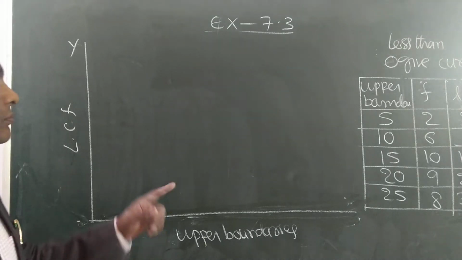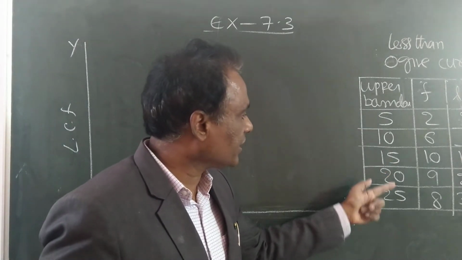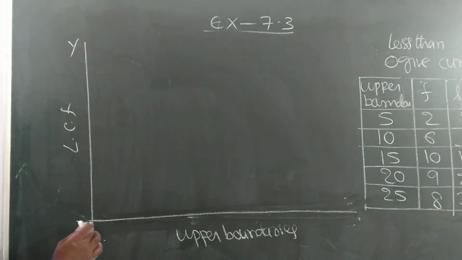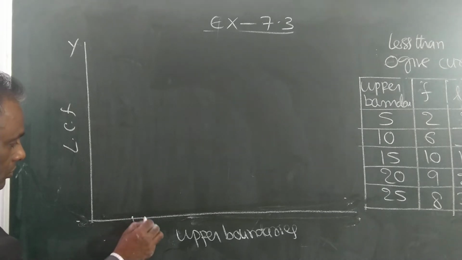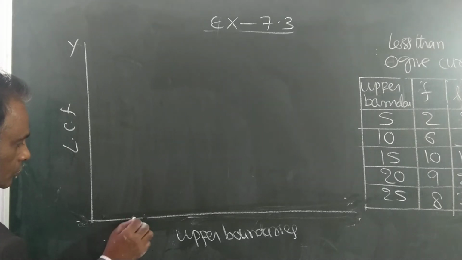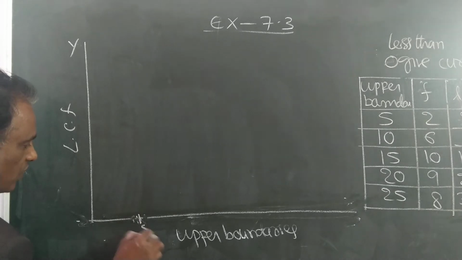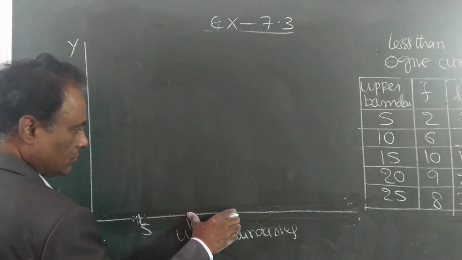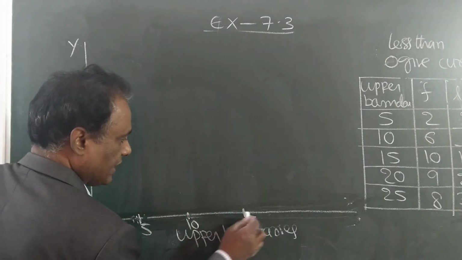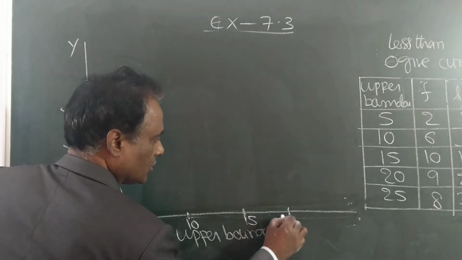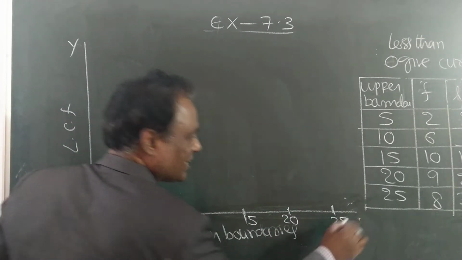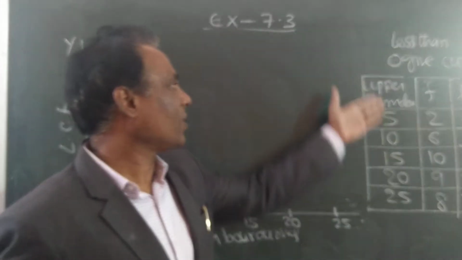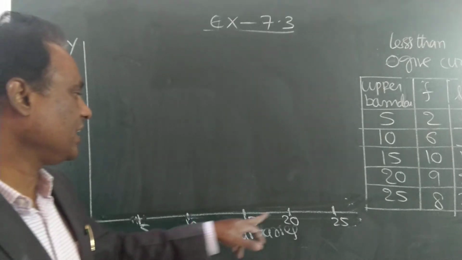Now, 5, 10, 15, 20, 25. Upper boundaries means we have to get these numbers on the x-axis. Say this is 0, then 5, 10, 15, 20, 25.